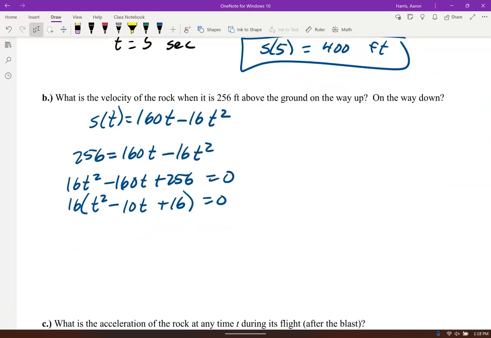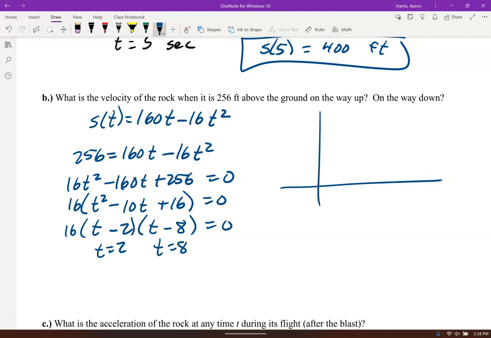Let's find, when is this height 256 feet? It looks like it happens at 8 seconds and 2 seconds.